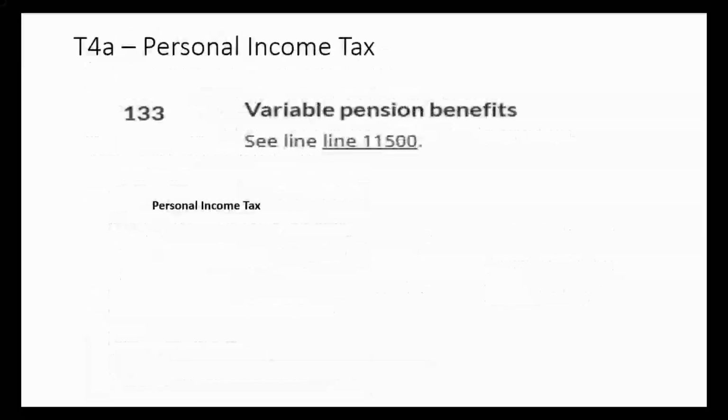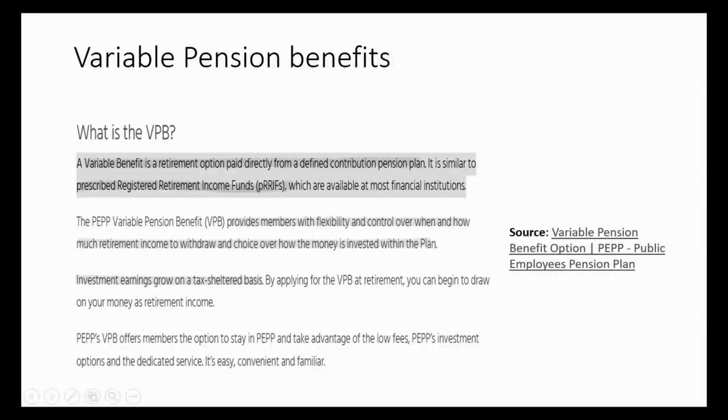Further down you have variable pension benefits, code 133. This has to do with retirement options paid directly from a defined contribution pension plan. You've got two kinds of plans when it comes to your employer: your defined benefit pension plan, DBPP, and your defined contribution pension plan. Both are different types of plans in a sense that one of them offers both employer and employee contribution related benefits, and the other has to do with the employer only to some extent.